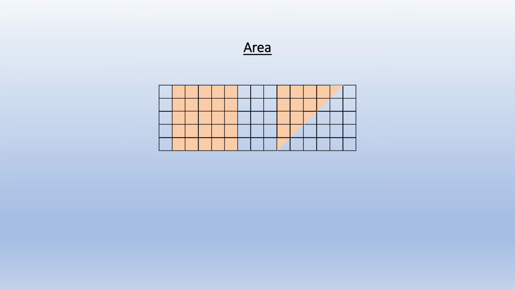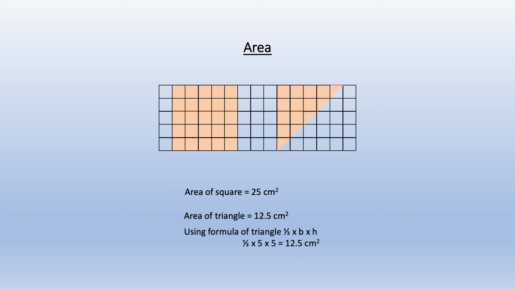So we can see the area of this square is 25 centimetres squared by counting, and the area of the triangle is 12.5 centimetres squared by counting the whole squares and the 5 half squares. And we can check that if we put that into the formula, half times base times height, and we do half times 5 times 5, that gives us the answer of 12.5 centimetres squared.